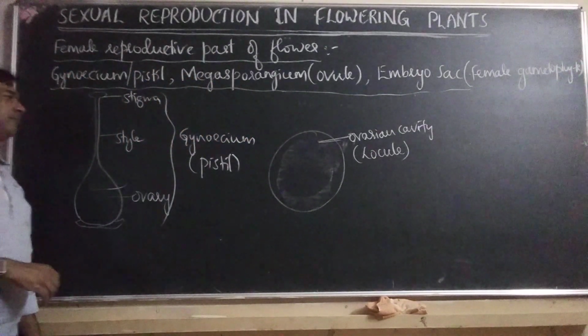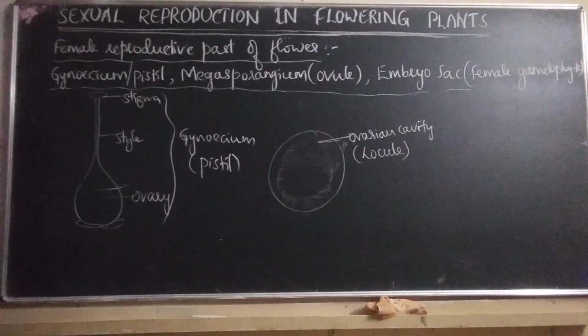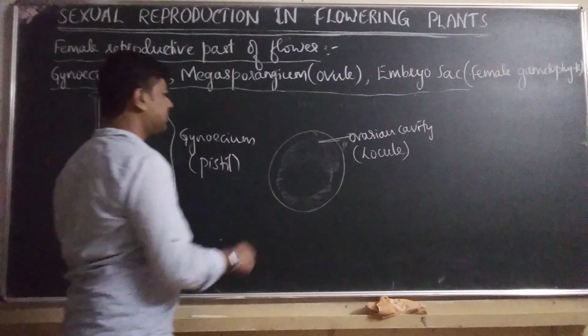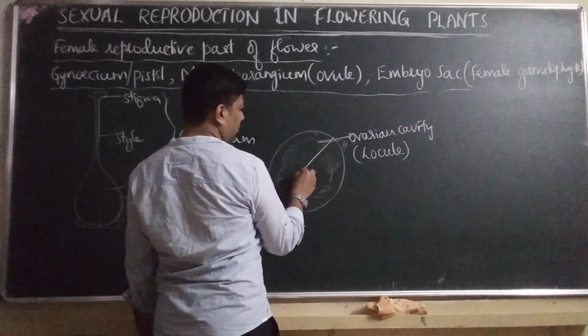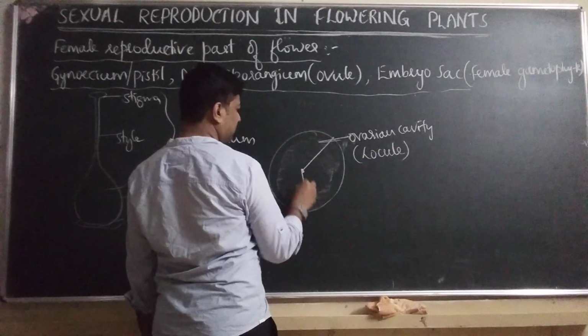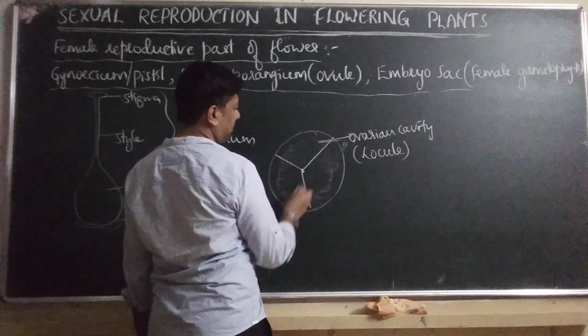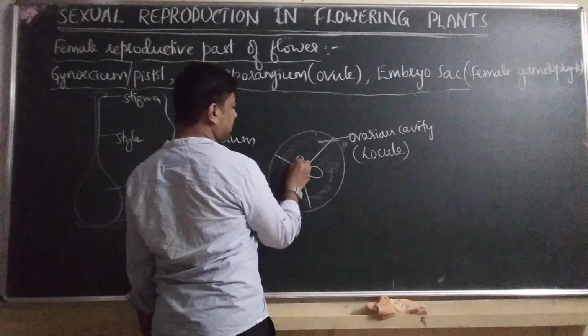When you take a cross section of the ovary, you should now be seeing ovules. As you already know placentation, suppose this is axial placentation, then the ovules will be there like this.